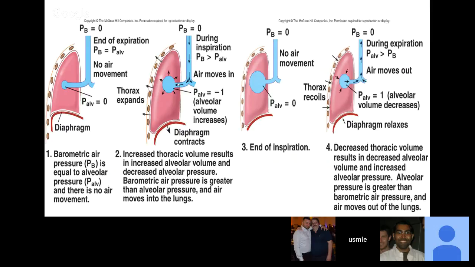Because you need to push the wall out and expand the alveoli. If it was lower, it would not expand them, but collapse them. So this is what actually allows the air to move. The pulmonary alveolar pressure is going to be negative, because the barometric air pressure is 0, so it's supposed to be less than 0. Usually the value is going to be -1, so the alveolar pressure is going from 0 to -1.